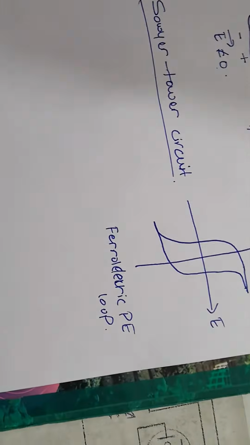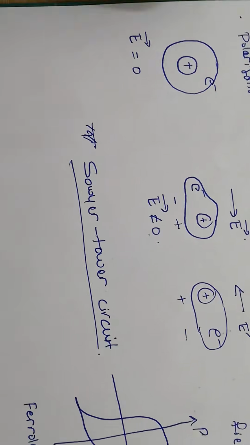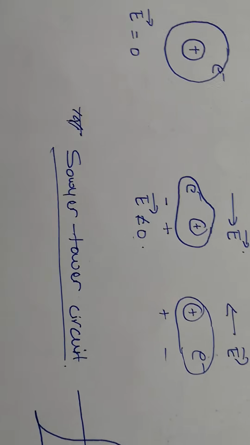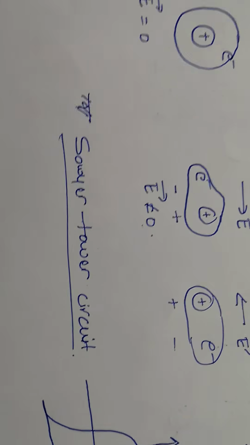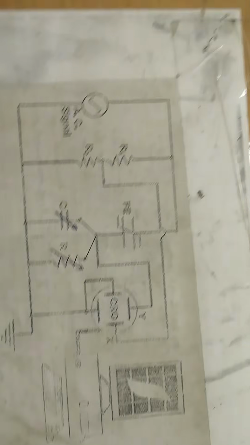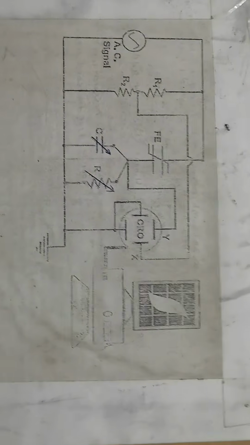So how do we trace or measure the PE loops in a ferroelectric material? It is generally done by using the Sawyer-Tower circuit. So what is the Sawyer-Tower circuit? Here I can show you the circuit.